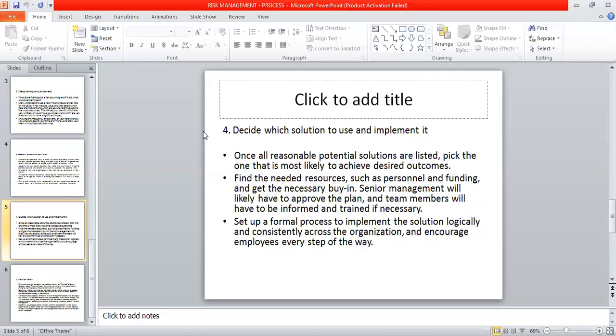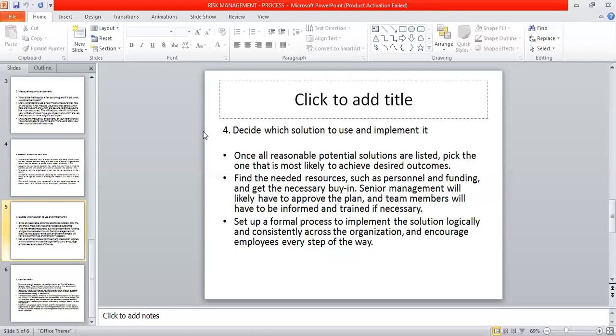So the risk management plan should be adopted, and a good risk management plan should contain a schedule for controlling the implementation and responsible persons for those actions. We have to find the needed resources such as personnel and funding and get the necessary buy-in.